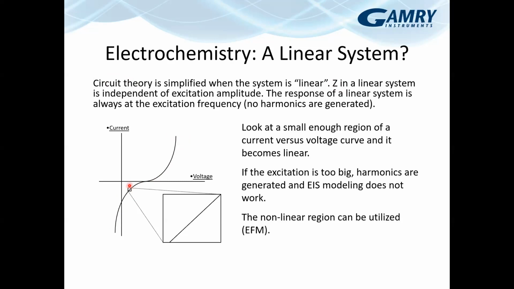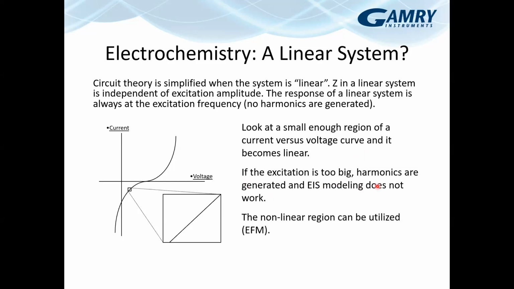The way that we get around this is we shrink down the voltage window that we look at until the curve looks like a line. If we look at a small enough region and keep our signal amplitude confined to that, then our response is within that linear region.